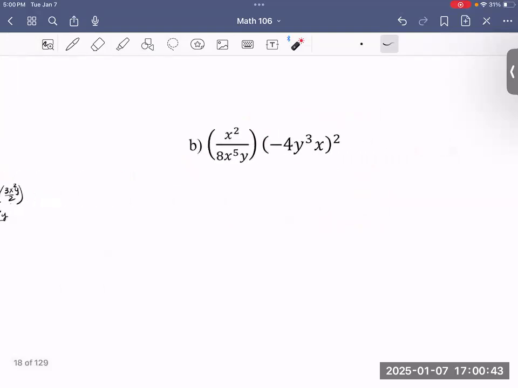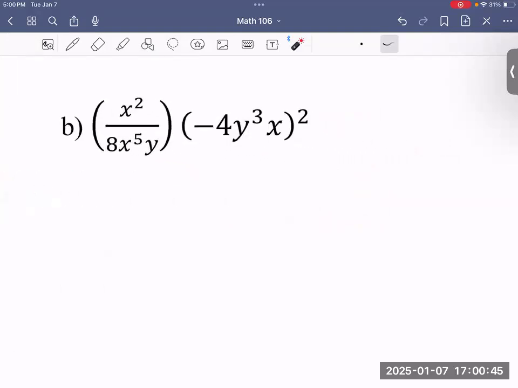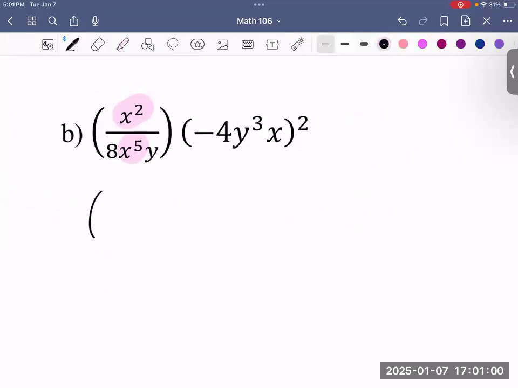Let's try out B. So again, before you multiply or start distributing, simplify first. What can we do to your terms? See if you can pause the video. Well, your x's can certainly combine here. So we get 1 over 8x cubed y.